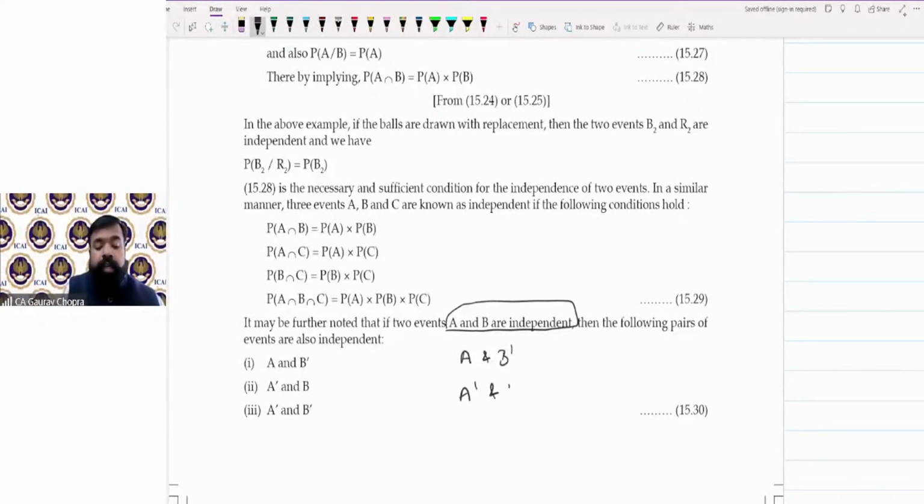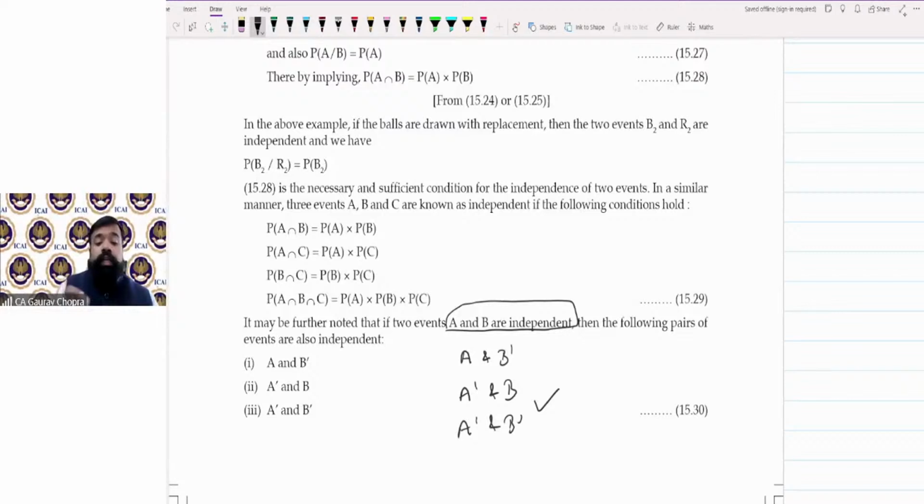A dash and B will also be independent, and also A dash and B dash will be independent. So all these three will also be independent. So this can become a theoretical question. If A and B are independent, then all their complements will also be independent.